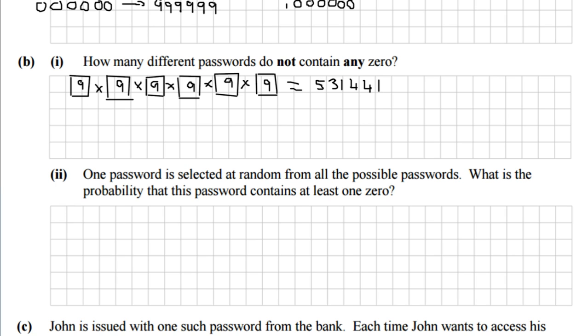So the probability that the password contains at least one 0 is going to equal the number of passwords that contain at least one 0, divided by the total number of possible passwords.